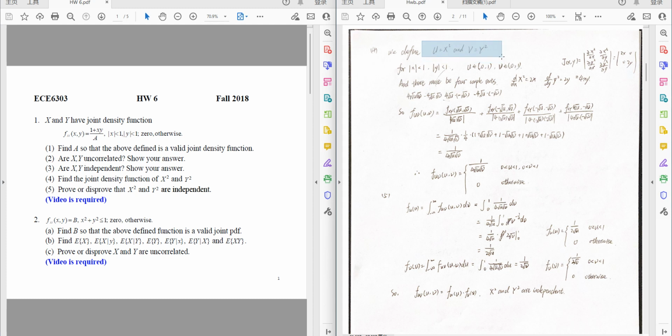And then we calculate the derivative for each situation. There are 4 situations, absolutely. So we can easily get this R.